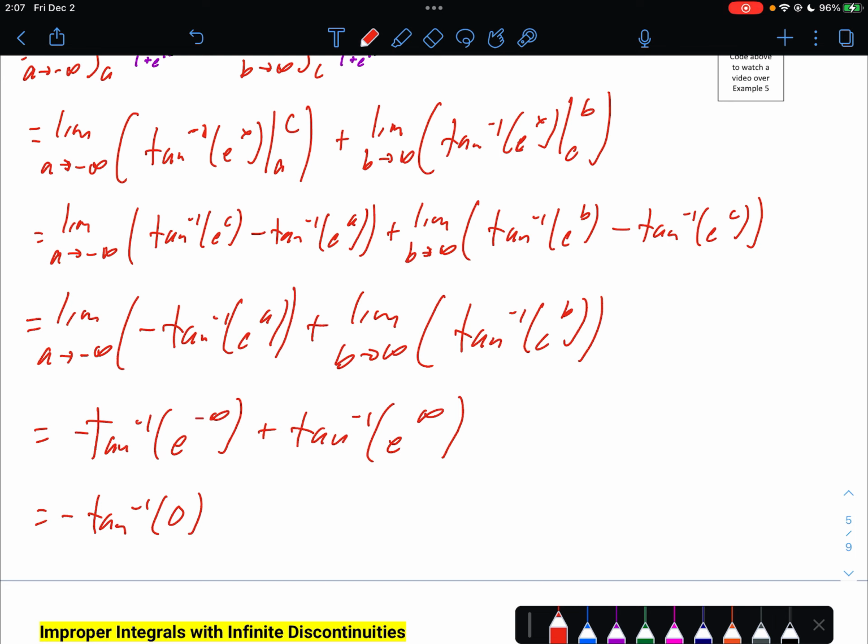So that's just going to be 0, plus tangent inverse of e to the infinity, which is infinity. I'm just going to get rid of that and change it to infinity. And we already looked at that earlier today. As tangent inverse goes to infinity, that just goes to pi over 2. So this is going to be 0 plus pi over 2, so pi over 2.